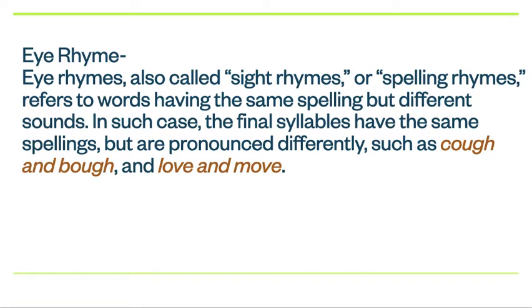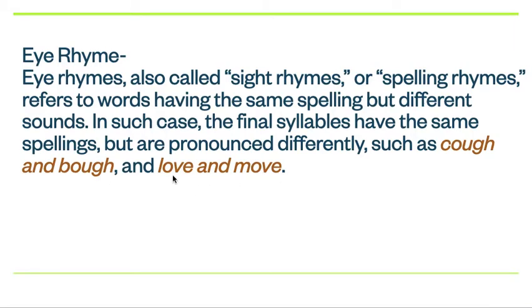Now we talk about another type, eye rhyme. Eye rhymes, also called sight rhymes or spelling rhymes, refer to words having the same spelling but different sound. The words have almost the same spelling, but their sound is different. In such cases, the final syllable has the same spelling but is pronounced differently, such as cough and bough, love and move.